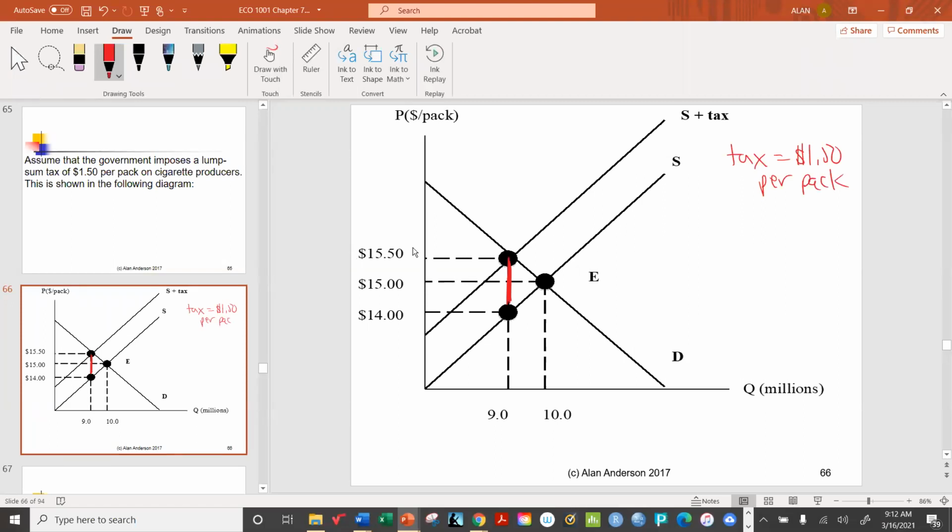And so what happens is that the supply curve is considered to be up here now, because no matter how much the seller receives from the sale of the cigarettes, the seller actually sends a check to the government for $1.50 a pack.